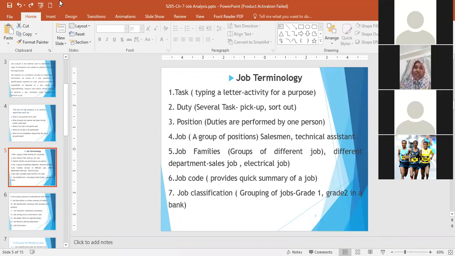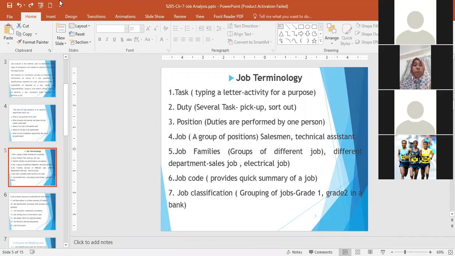In academics, we also use the course code and course title. So why are we using the course code? Because we can use it easily.